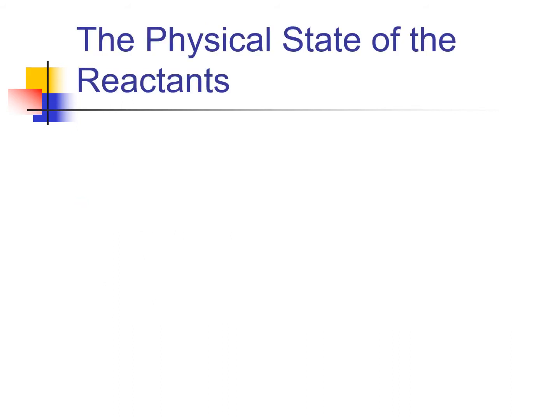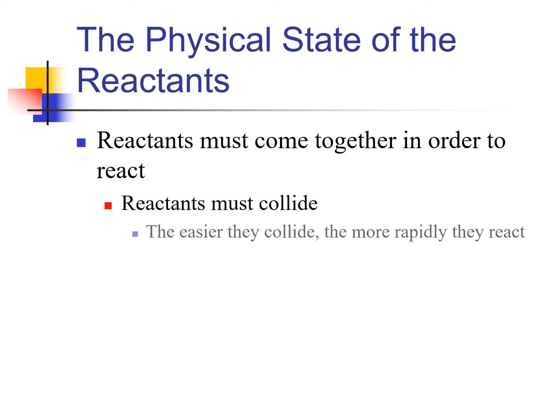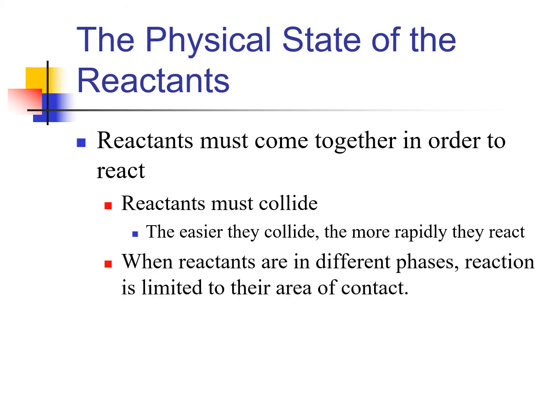So looking at the physical state of the reactants, one of the basic rules of a reaction is that the reactants must physically collide, must physically come together in order to react. And the easier they can collide, the more rapidly they can react. Certain physical states of matter allow for easier collisions.